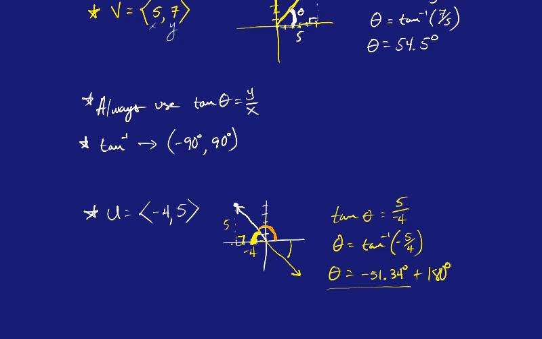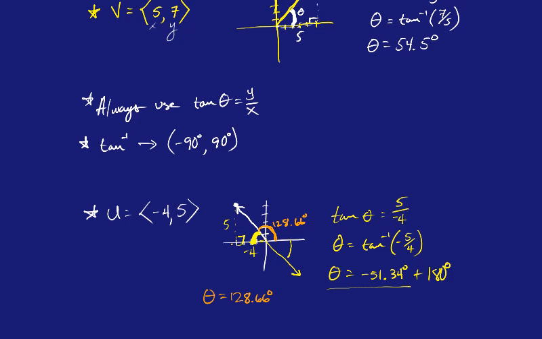The real answer that we should be getting for theta, the one in orange, would equal 128.66 degrees, and that's this right here. And so that's the direction angle of the vector. We like to keep that angle measurement positive.